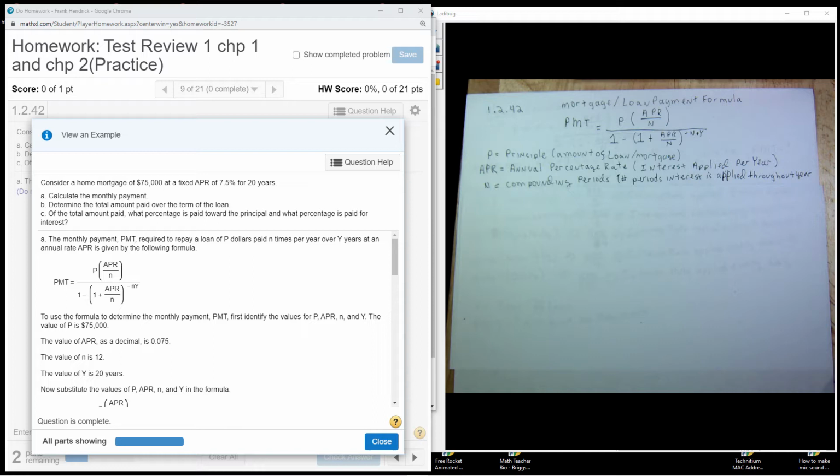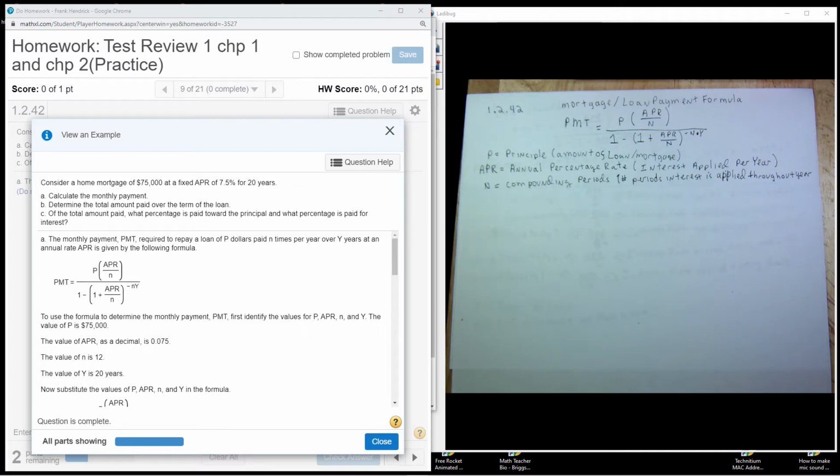N is the number of compounding periods. It's the number of times the interest is applied throughout the year, so that the interest is applied at different periods to add up to one year.